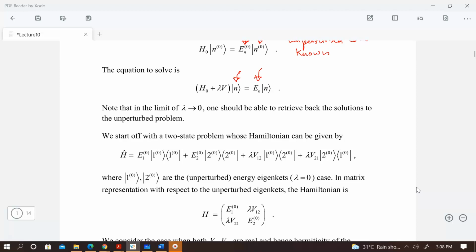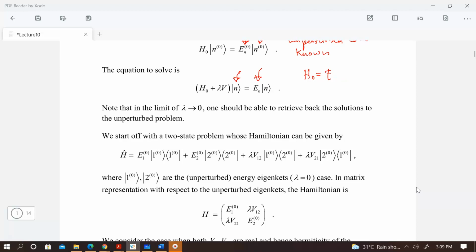So in this particular case, I can now write, well, if I have your H naught, then this can be just given by, I would need to be careful about the terminologies here. So E1 naught, so I completely forgot the symbols.